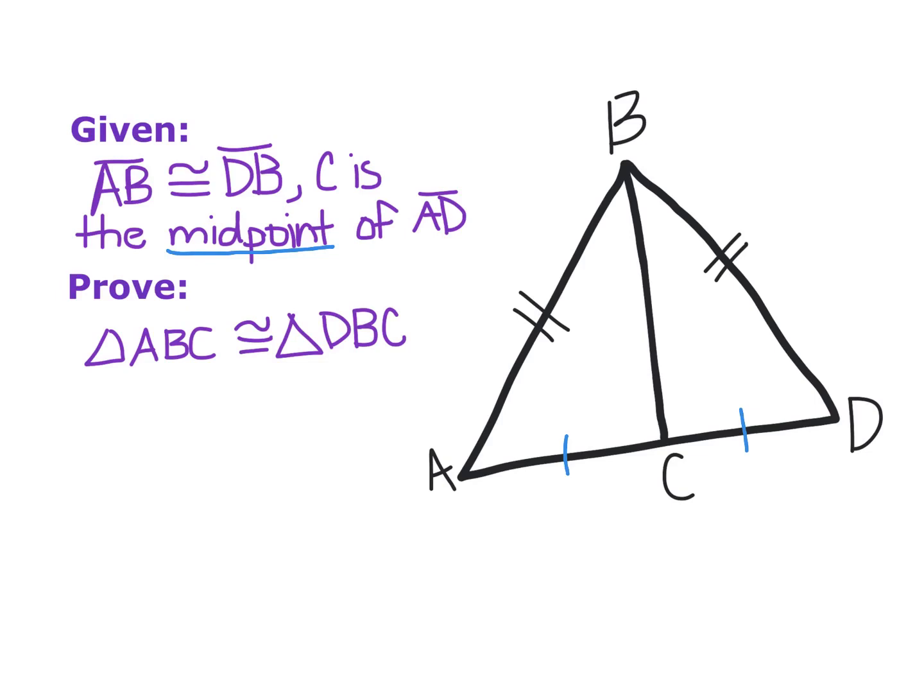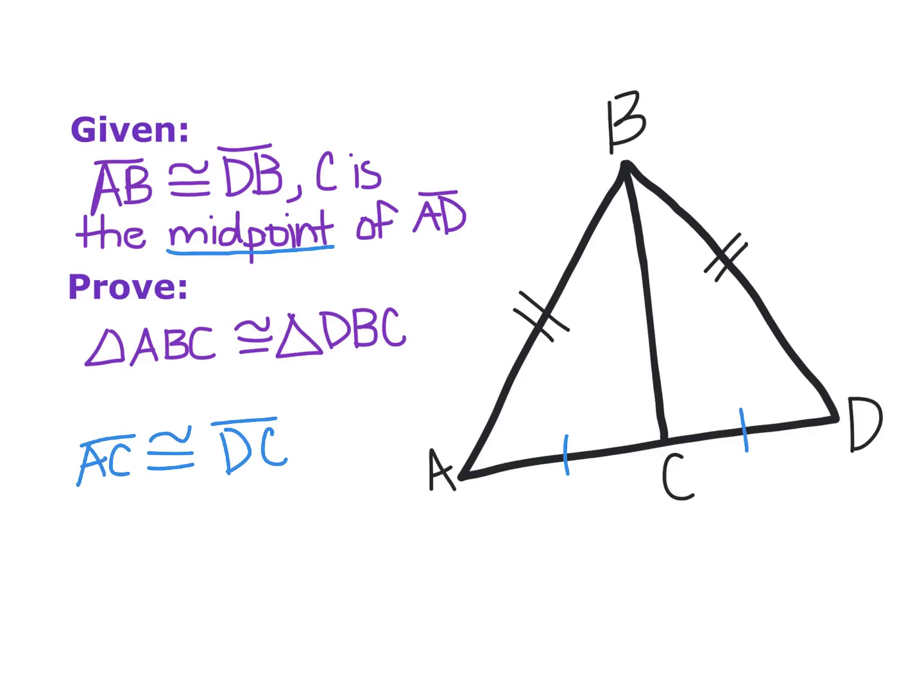So I'm cutting it into two equal parts. So that lets me know that line segment AC is going to be congruent to line segment DC because they're going to be cut in half. They're equal in size.